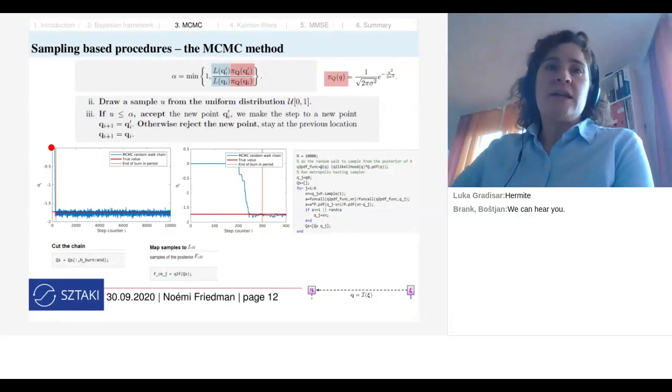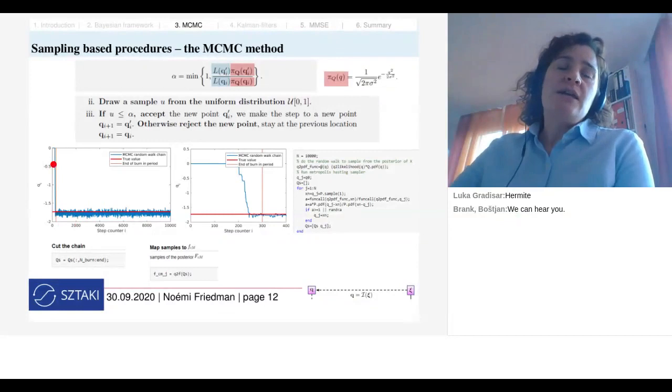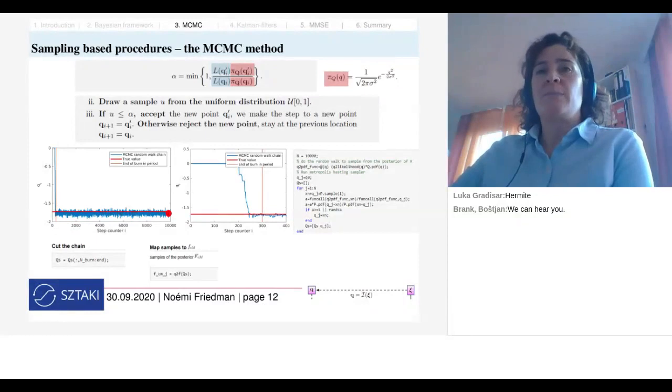So what I do at the end, if I can look at the random chain like that, I know that, okay, this part is really just depending on that I started the walk at the wrong point. So from here on, it can be considered to be all samples from the posterior distribution.